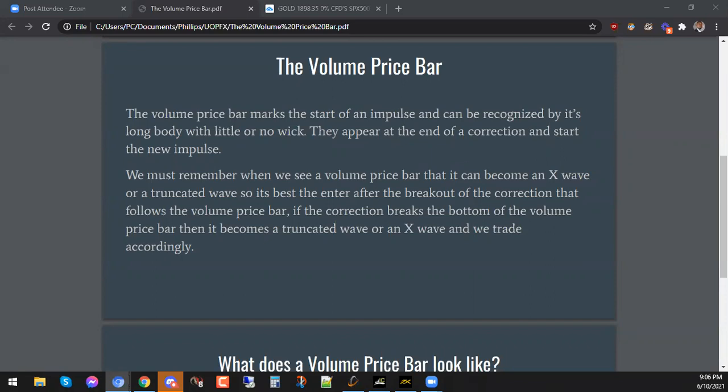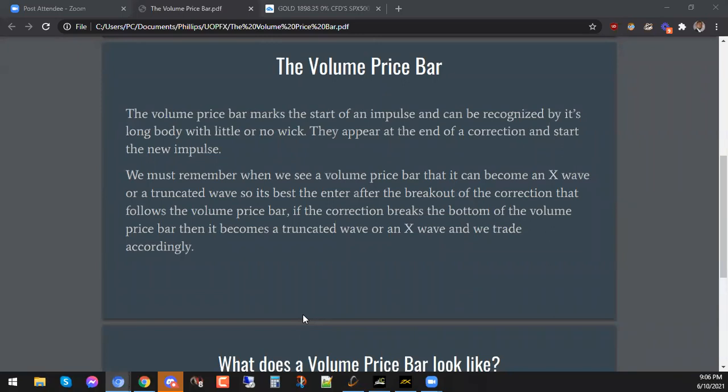Okay, so now since we can find volume price bars leading to X waves and truncated waves, it is best to enter after the breakout of the correction that follows the volume price bar, right?